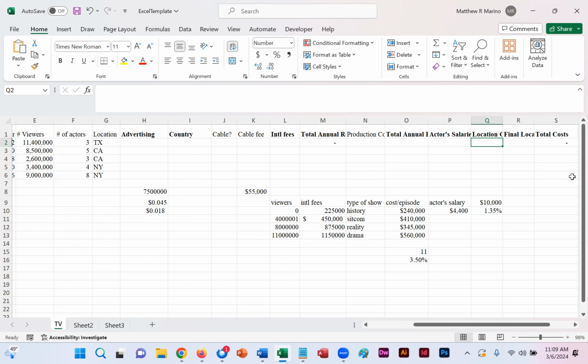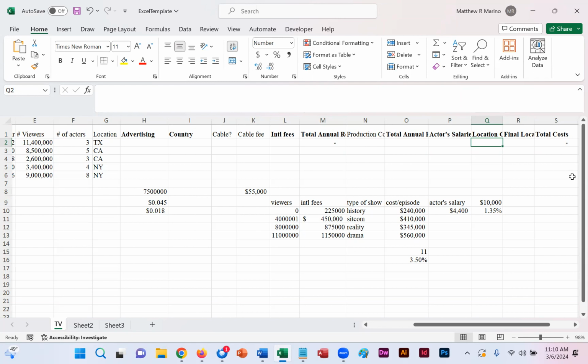Yes. The reason it gives you a dash, see how in total annual revenue I have a dash? That's because I have nothing in advertising, nothing in cable fee, nothing in international fees. But you have values and it's still giving you a dash.